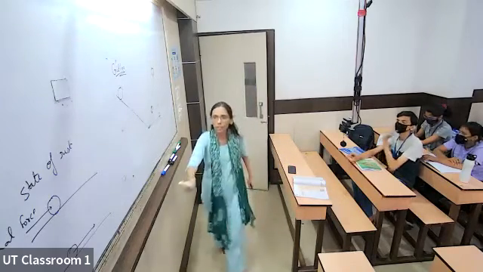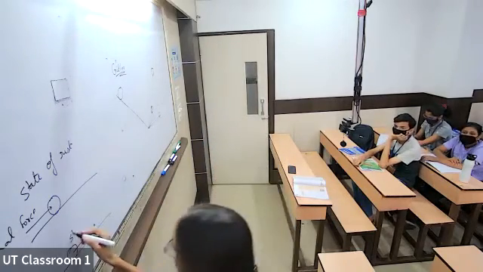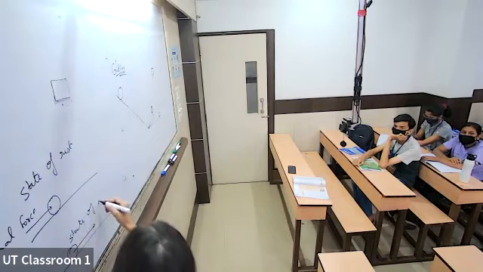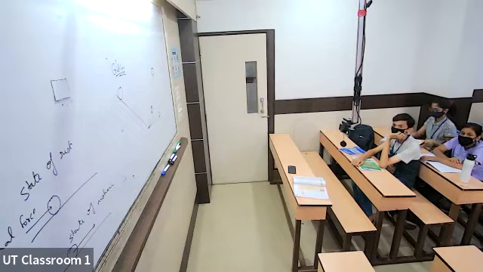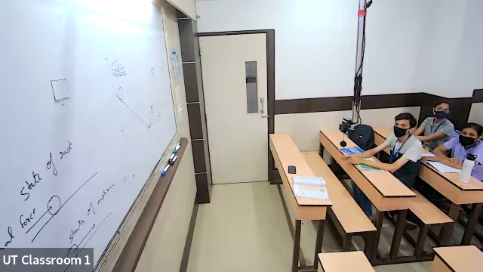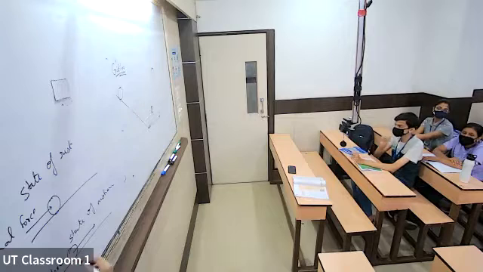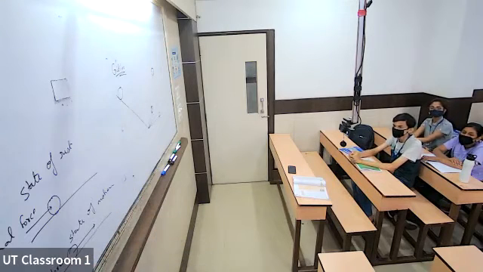This body will continue its state of motion until it is acted upon by what? An external force. Okay? So if it is moving, it will keep on moving. And if you want to make it stop, you have to apply some external force.